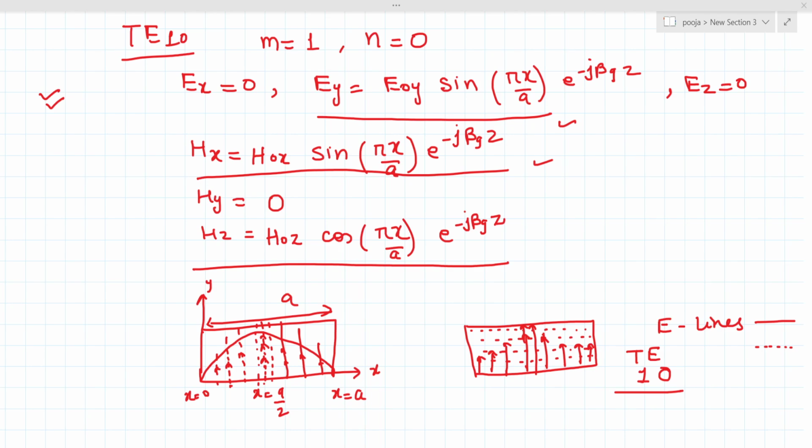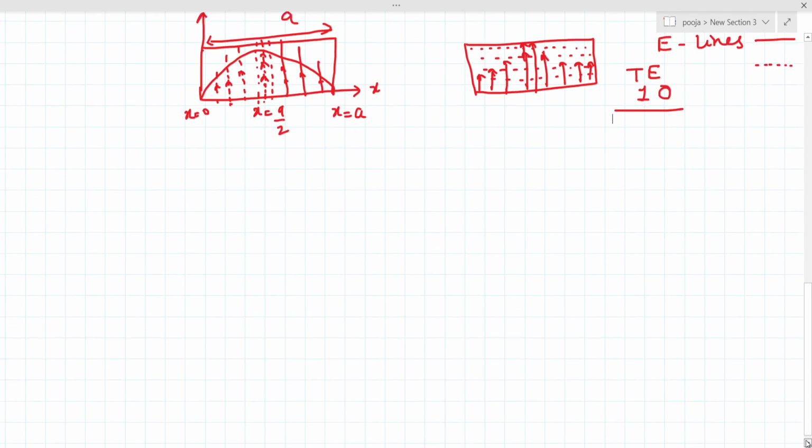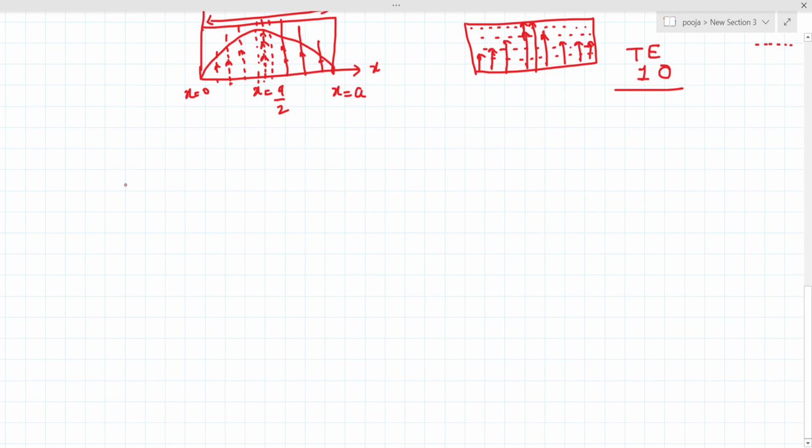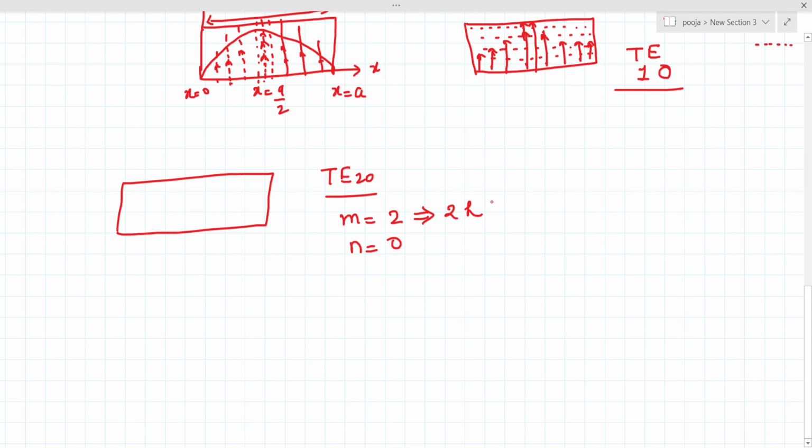When we talk about TE20 mode, there will be two half waves along the x-axis. If this is the waveguide that we have, for TE20 mode m is equal to 2 and n equals 0. This means along the x-axis there will be two half waves, and 0 half waves along the y-axis.